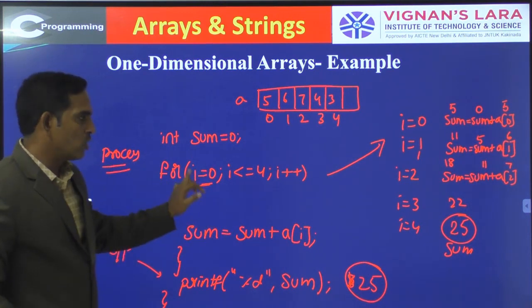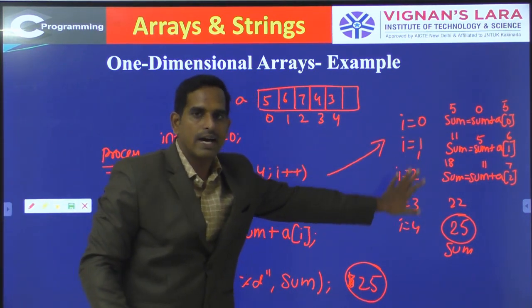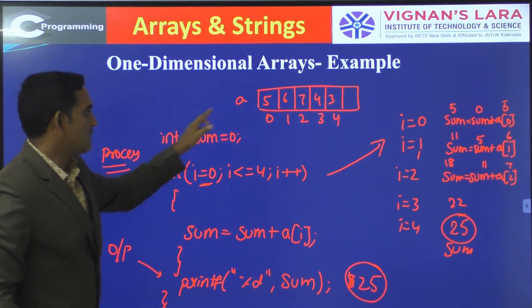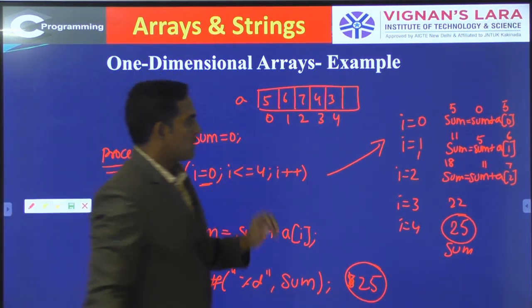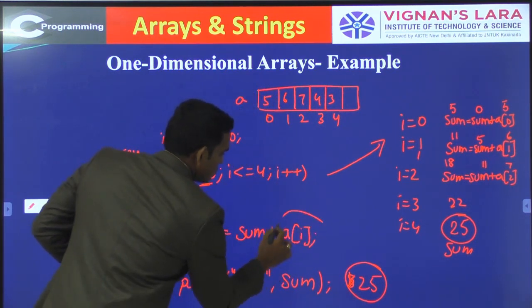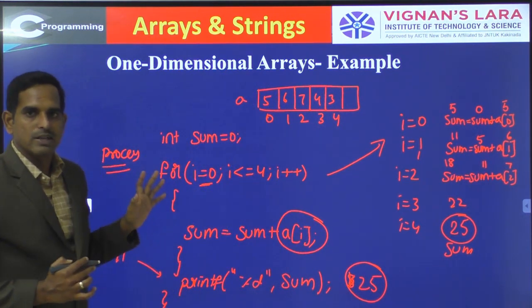That is how your for loop will run to summate all the items that are present in your array. So what you have to understand is how to use this array for your processing part.